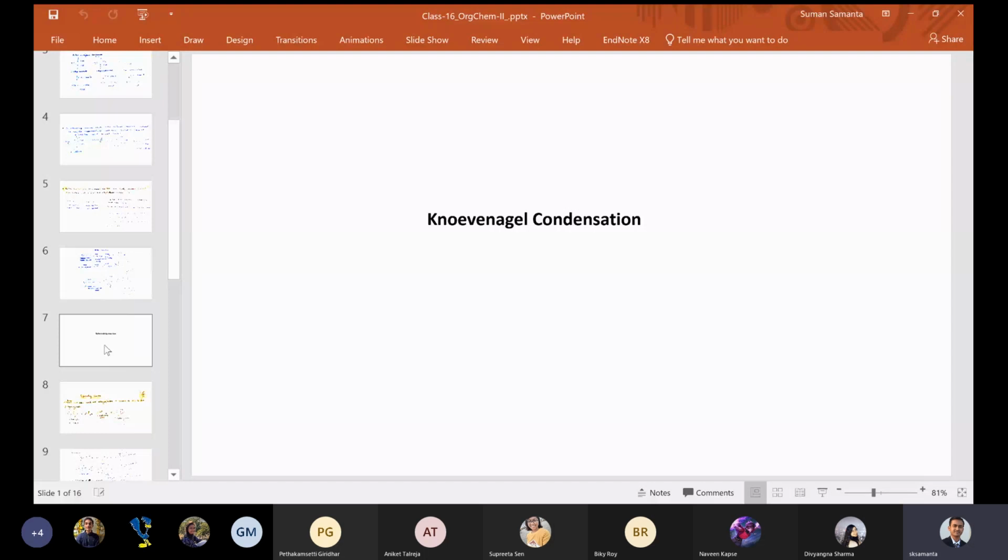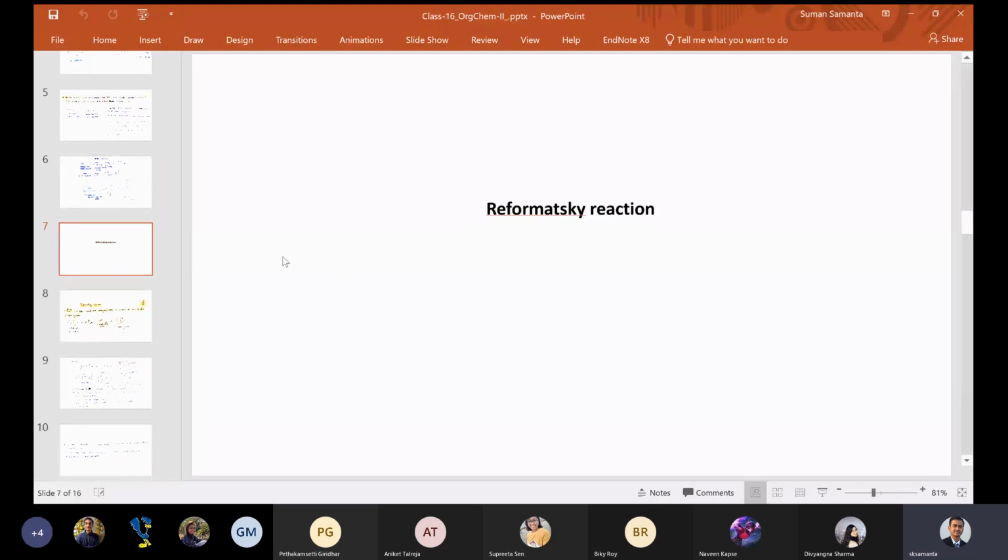We will give you those examples at the end because it also involves many other reactions. So it is always better to first talk about all the reactions, and then at the end we use those reactions to do some transformation, some total synthesis.